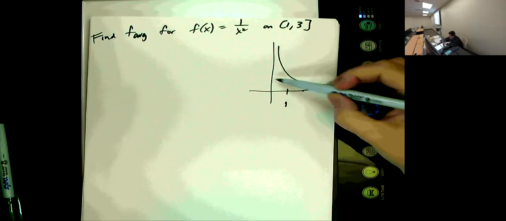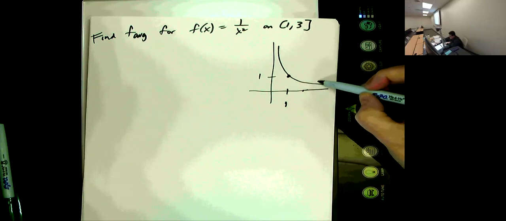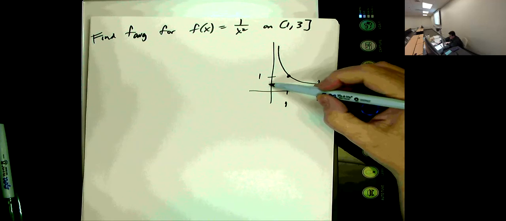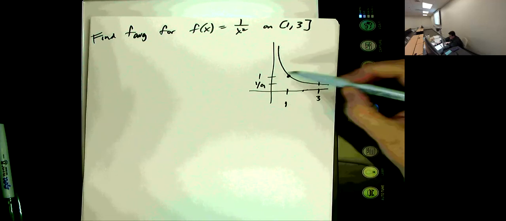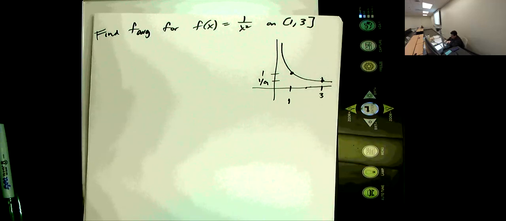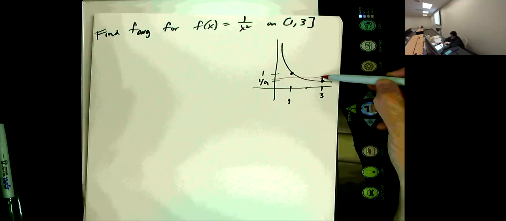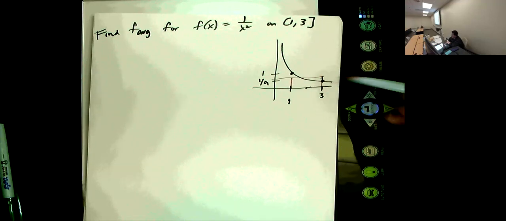When x equals 1, f of x equals 1. When x equals 3, f of x equals 1/9. So my picture doesn't do it justice. We are looking for where the average value is, so we can make a rectangle that has the same area.